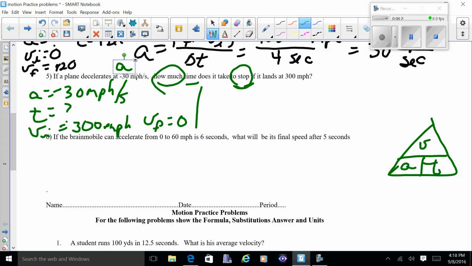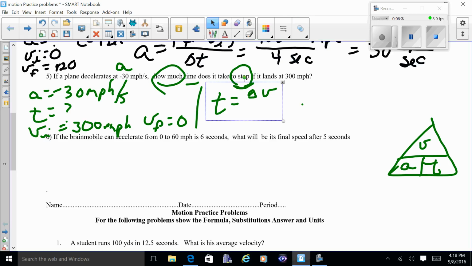acceleration. Well, to get my change in velocity, it's final velocity, which is 0, minus the initial velocity. The initial velocity was 300.